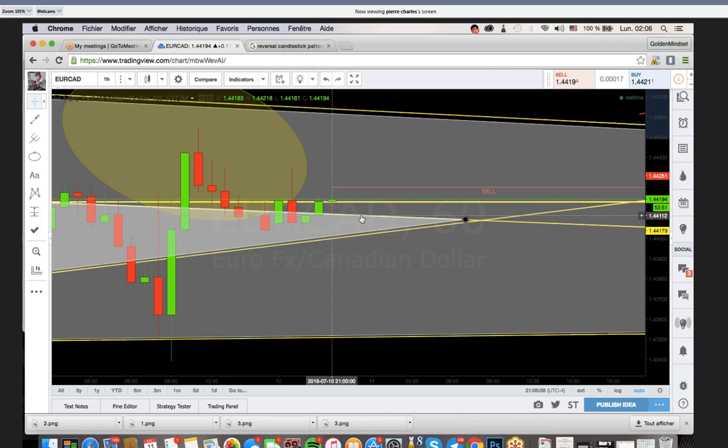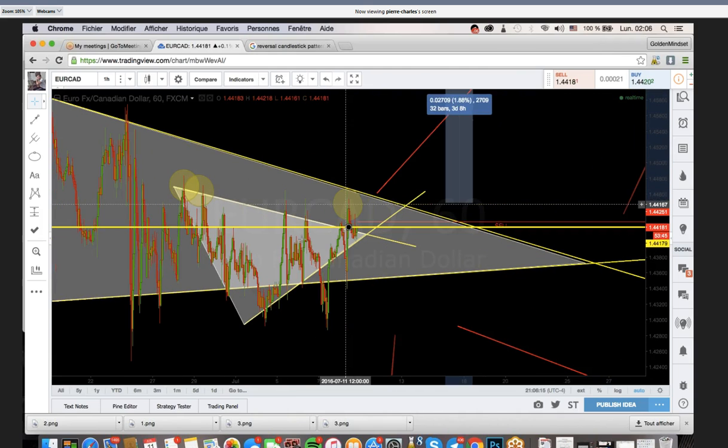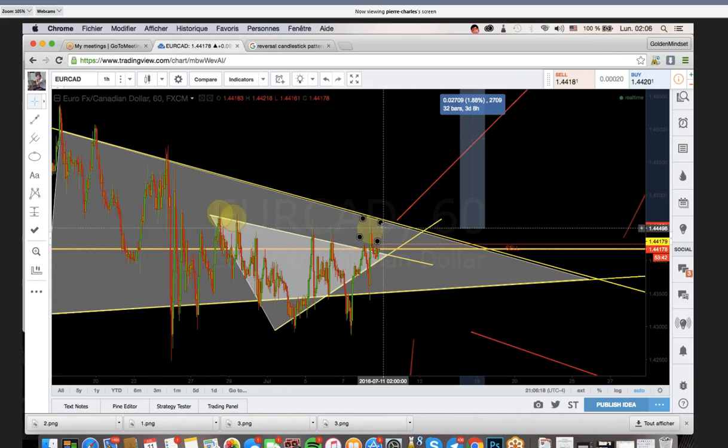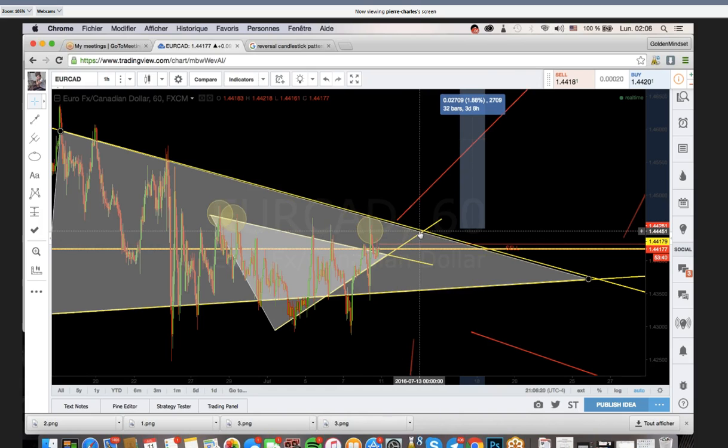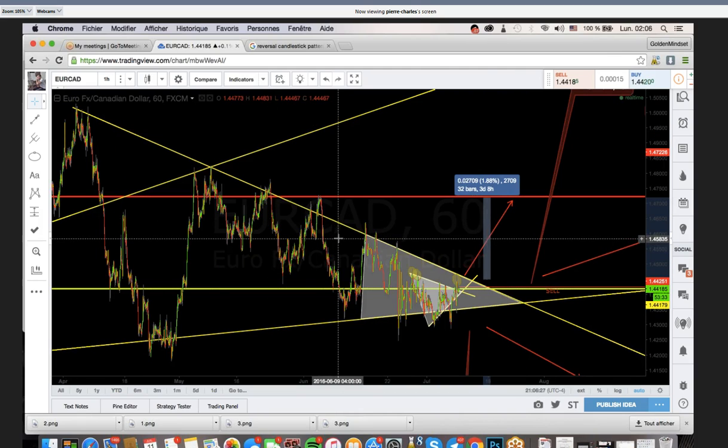I don't see the point of having negative for no reason. So it will go up 30 to 50 pips, then it will jump there, and then it will break and go up. That's what I'm expecting.